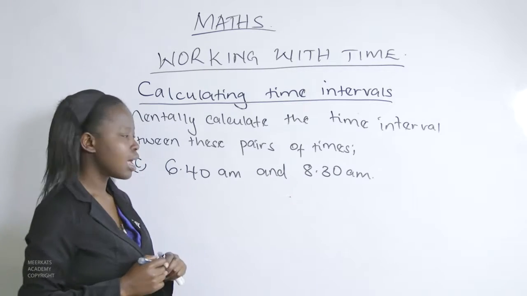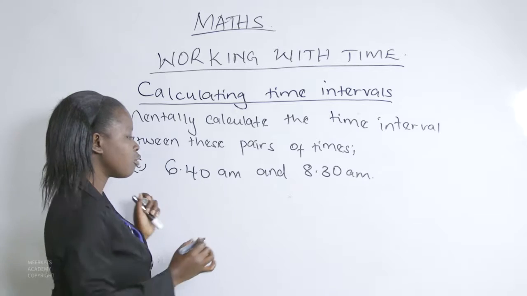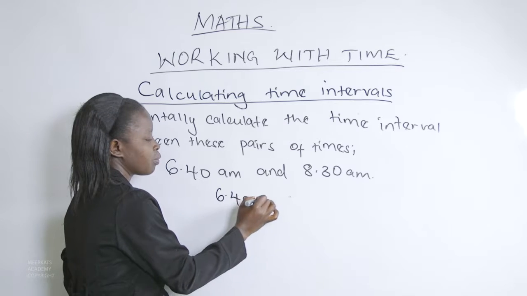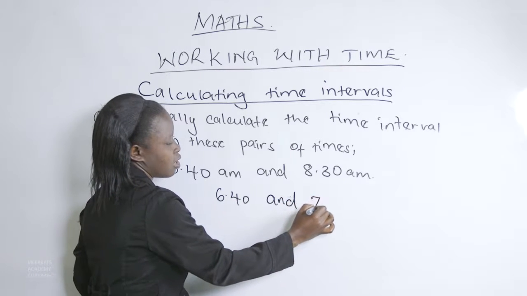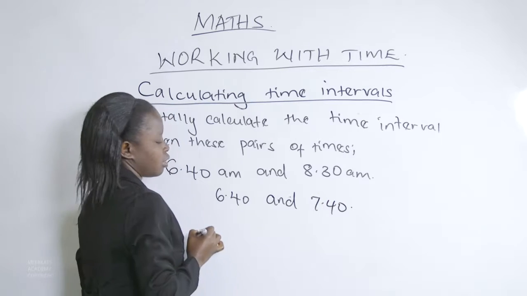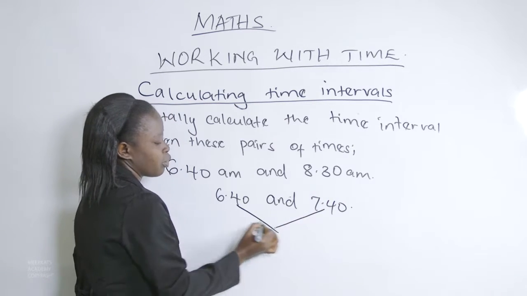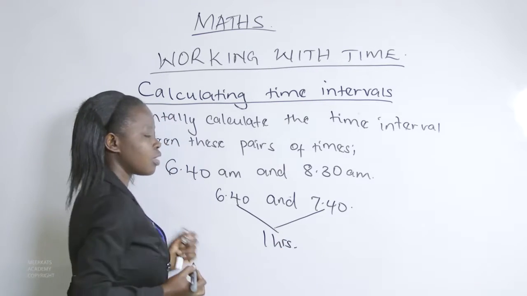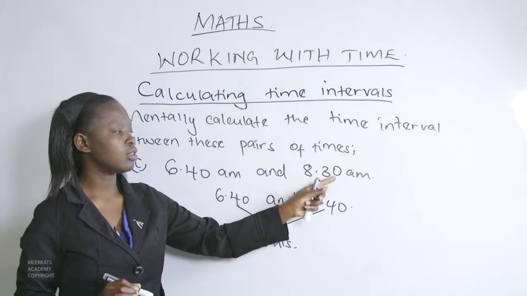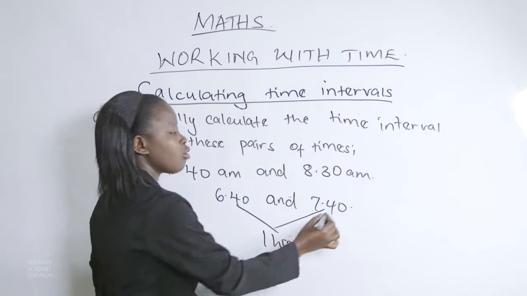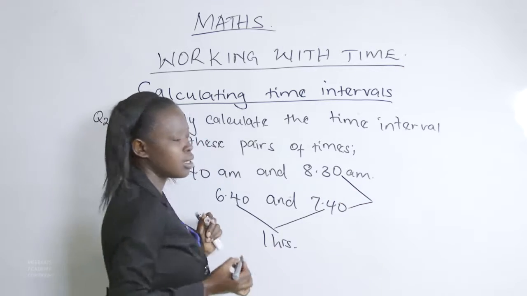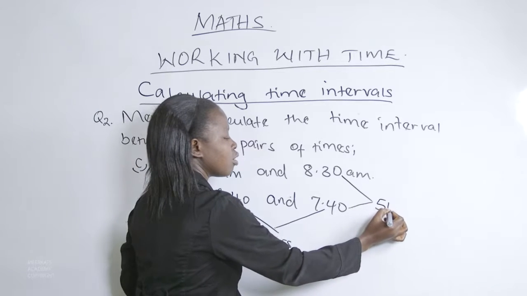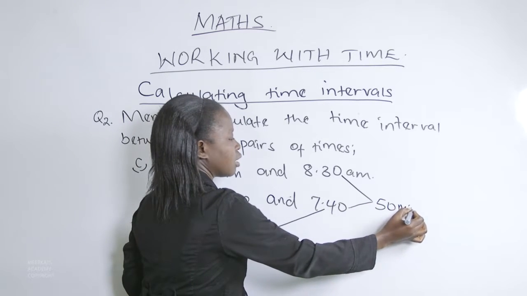So finding the number of full hours we have, we'll calculate between 6:40 and 7:40. Between 6:40 and 7:40, we have a difference of 1 hour. Then for us to be able to reach 8:30, we have a difference of 50 minutes between 7:40 and 8:30.